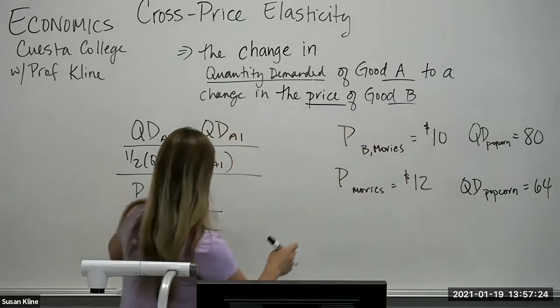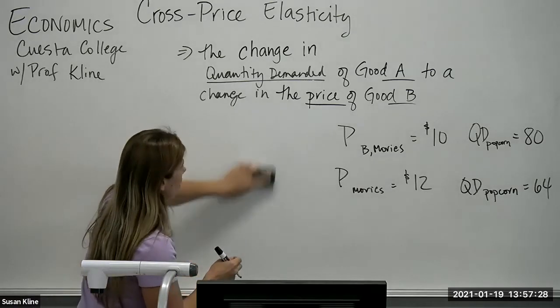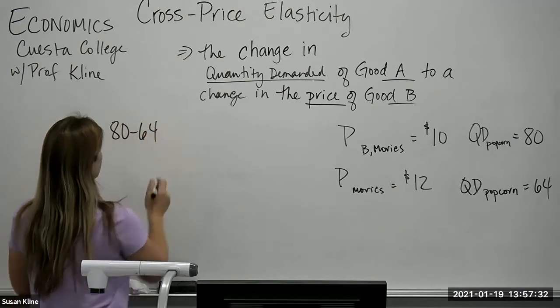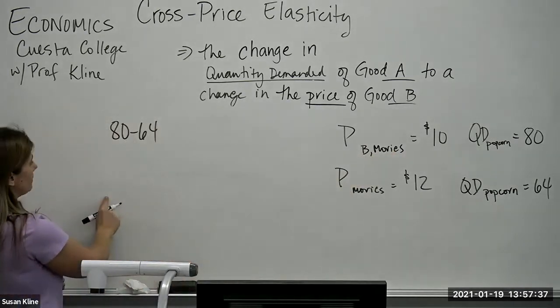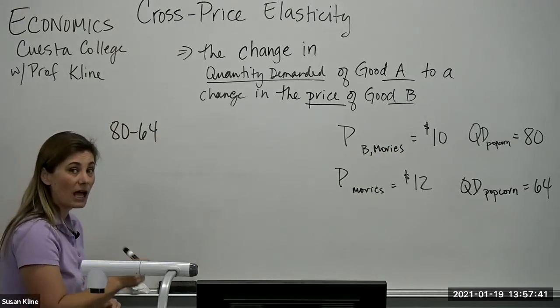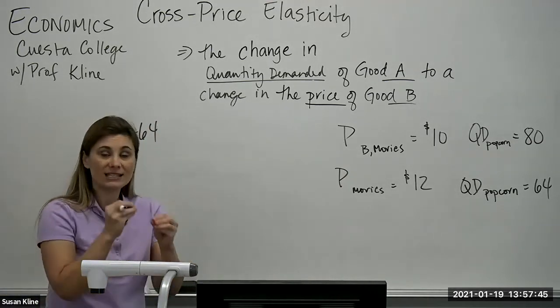So if I plug in 12 first, sorry, price is in the denominator. So I'm going to start with 80 minus 64. And again, it doesn't matter as long as now that I'm starting with 80, let's make sure we start with 10. The reason why is that the sign matters. And anytime the sign matters, you have to make sure that the information is being entered the same time, right?